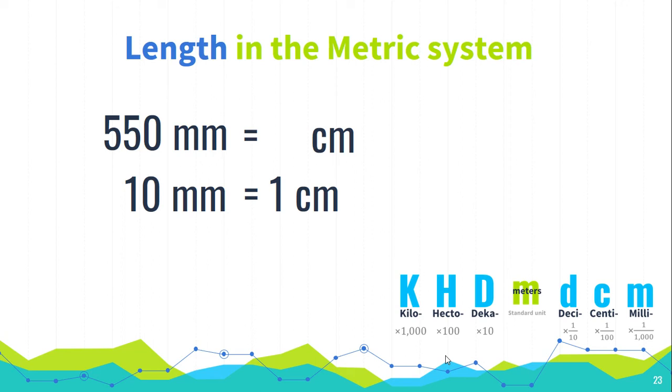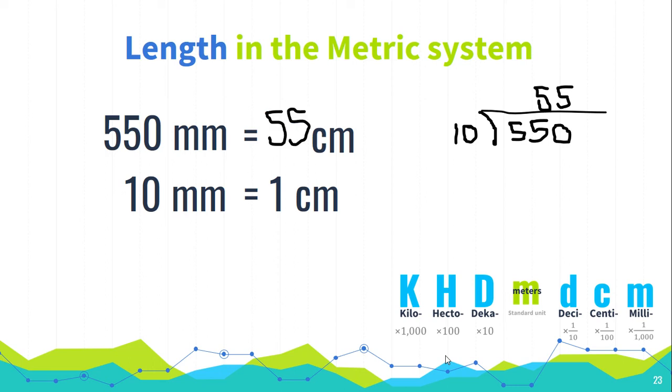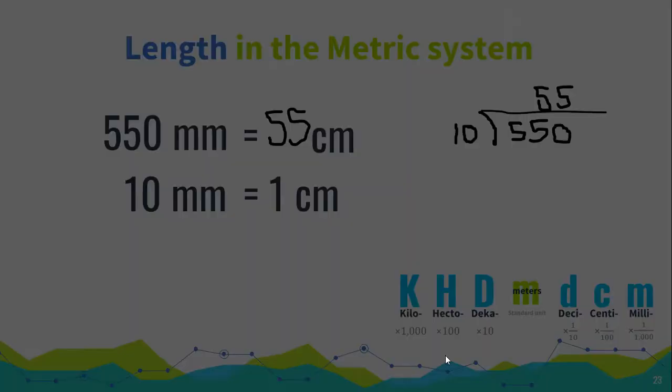And since I am realizing that a centimeter is bigger than a millimeter, I'm going to be dividing here. 1 millimeter is a tenth the size of 1 centimeter. So I'm going to divide my 550 millimeters by 10, and I will get 55 centimeters. So there's 55 centimeters in 550 millimeters.